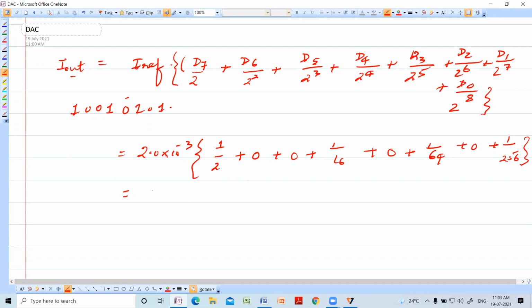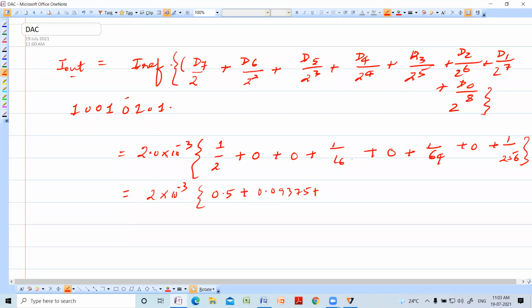So 2 milliamps is IREF, multiplied by 0.5. Then 1 by 16 is how much?